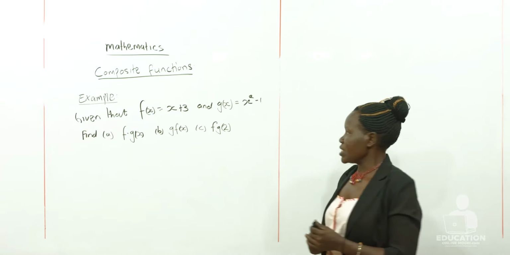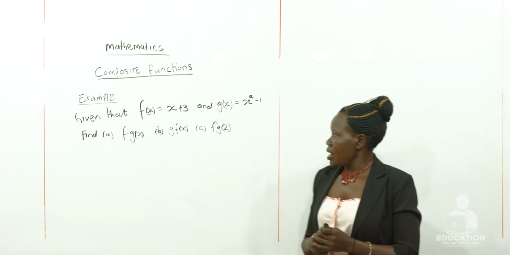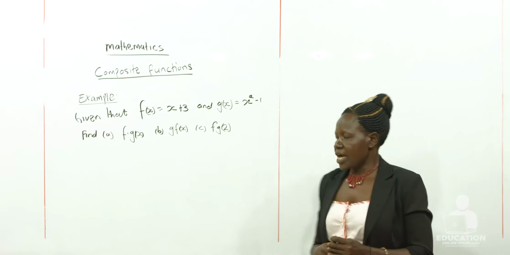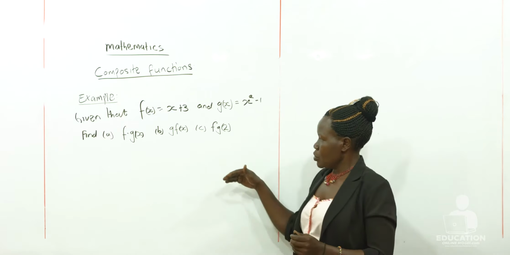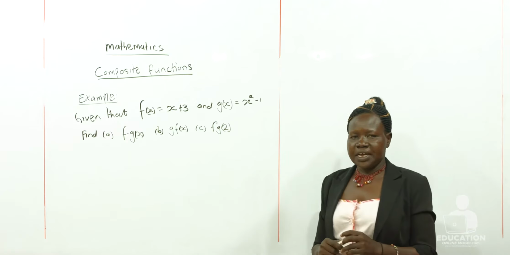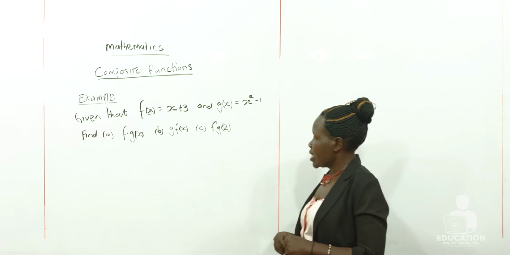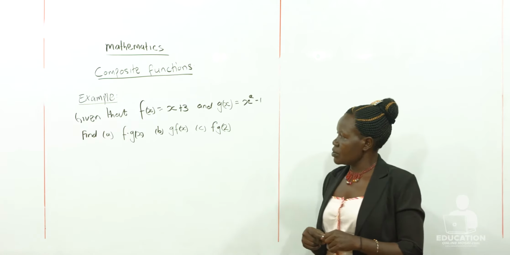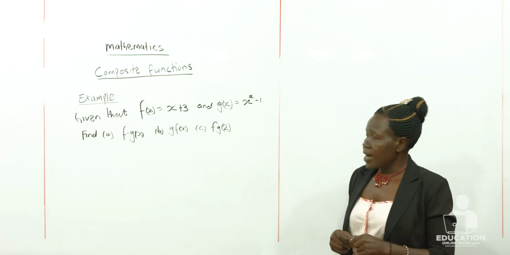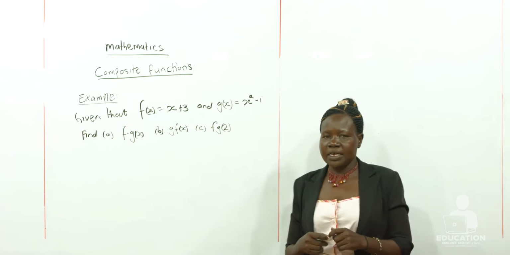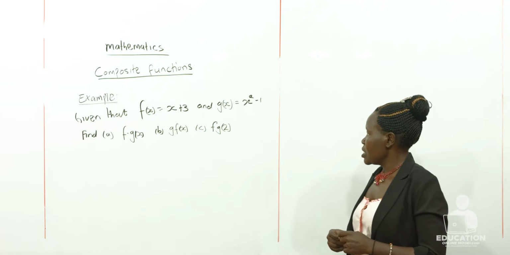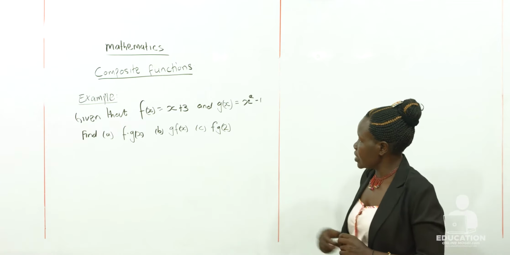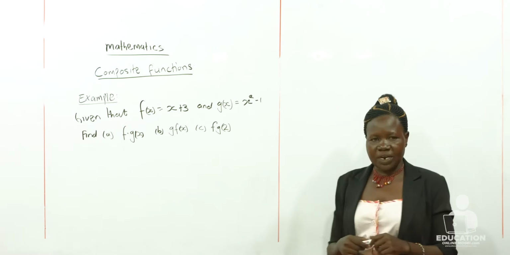How do we find the composite functions if the functions are linear equations? You saw what we did and how we arrived at the answer. Now example number 2 consists of a linear equation and a quadratic equation. Function f is the linear equation, and g is the quadratic equation.